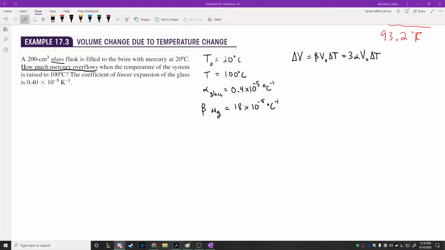Okay, someone got an answer. Say it's 2 centimeters cubed. Anybody else get the same answer? I'll just ask John, did you include both the expansion of the mercury and the expansion of the glass? They're both going to expand, right?